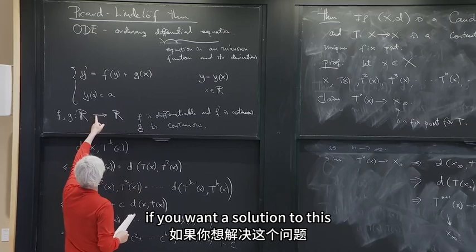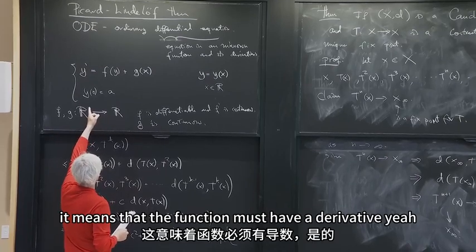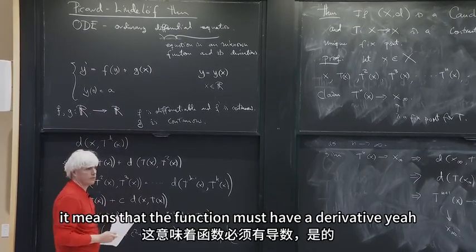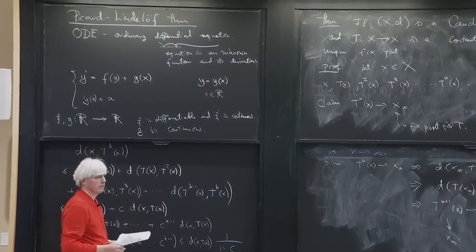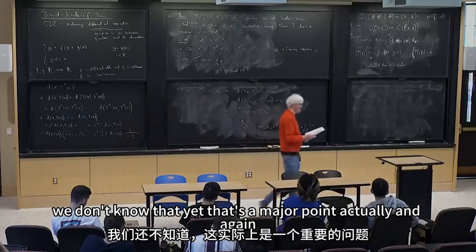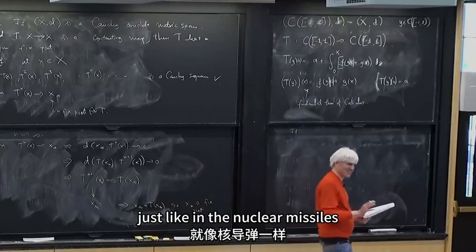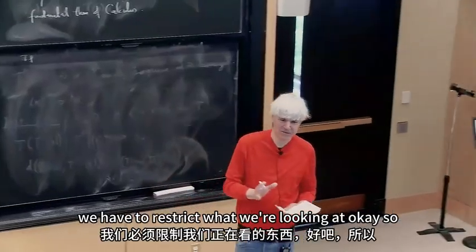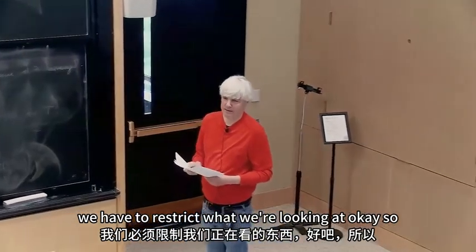But of course, if you want a solution to this, it means that the function must have a derivative. We don't know that yet. That's a major point, actually, right? And again, just like in the Newton method, we have to restrict where we're looking.